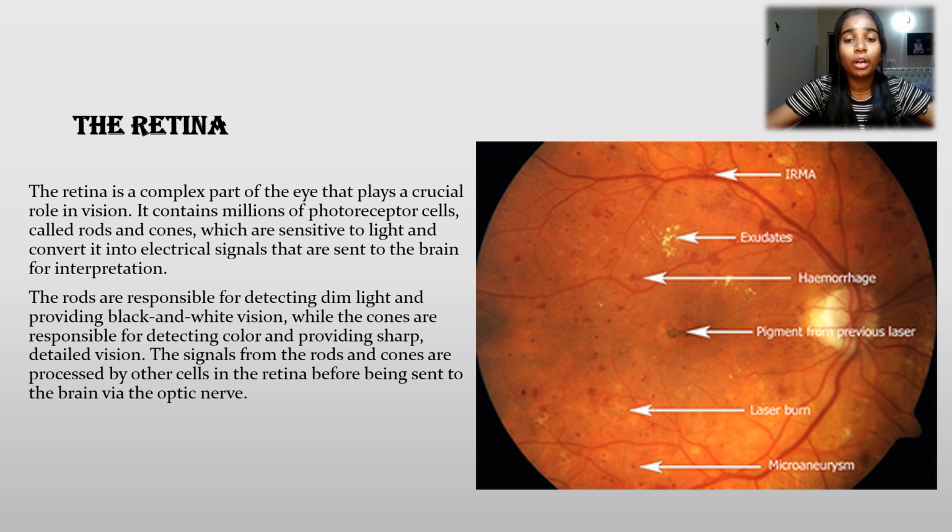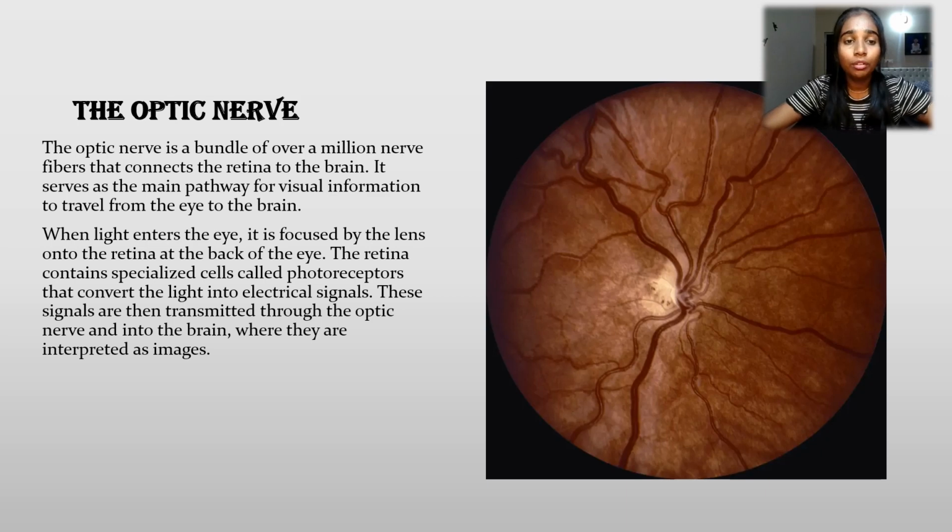The signals from the rods and cones are processed by other cells in the retina before being sent to the brain via the optic nerve. The optic nerve is a bundle of over a million nerve fibers that connects the retina to the brain. It serves as the main pathway for visual information to travel from the eye to the brain.